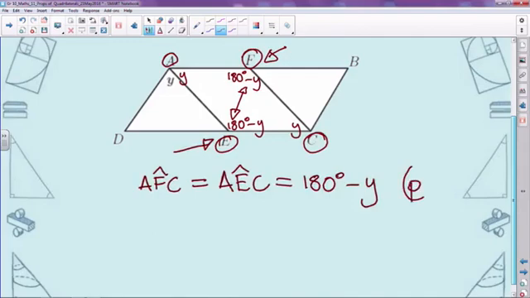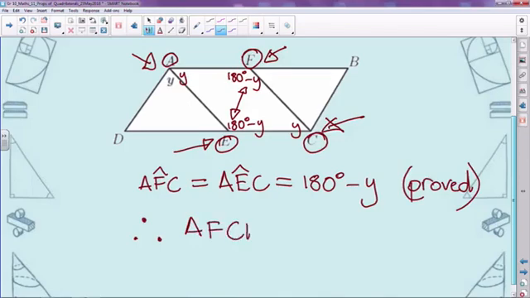Because we proved it earlier. Isn't that a great reason? We proved it. And then we would say the same about these two angles as well. We would say angle FAE equals FCE. Why? Because we proved it. Therefore, AFCE is a parallelogram.